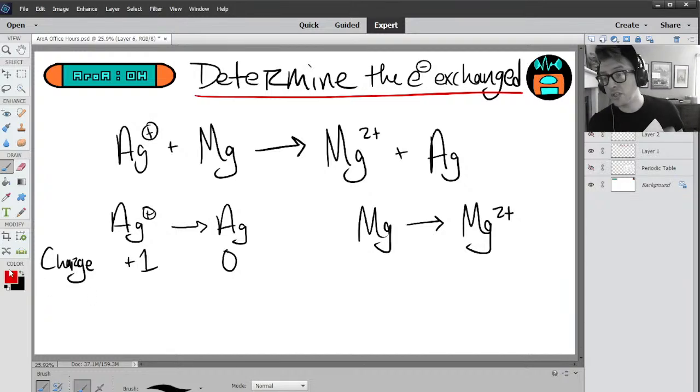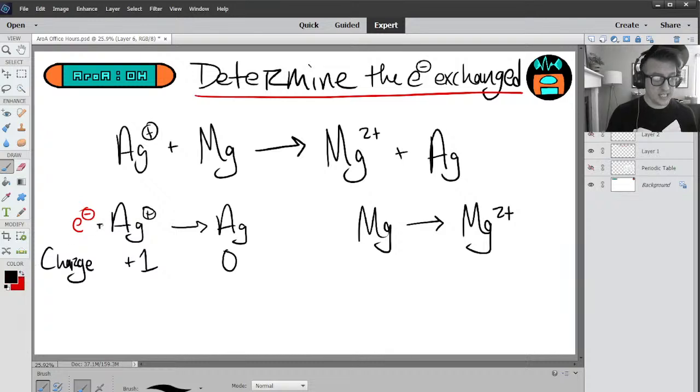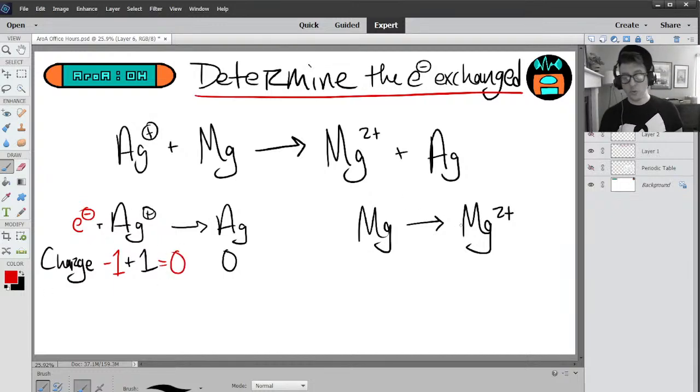When you're balancing charges, the only thing you can use is electrons. You can add electrons to either side. So we are going to add 1 electron to our reactant side so that we get -1 + 1, giving us a total charge of 0. Same story with magnesium.